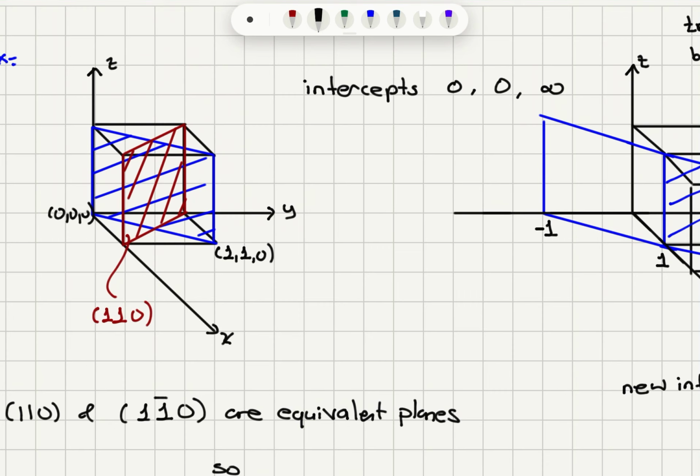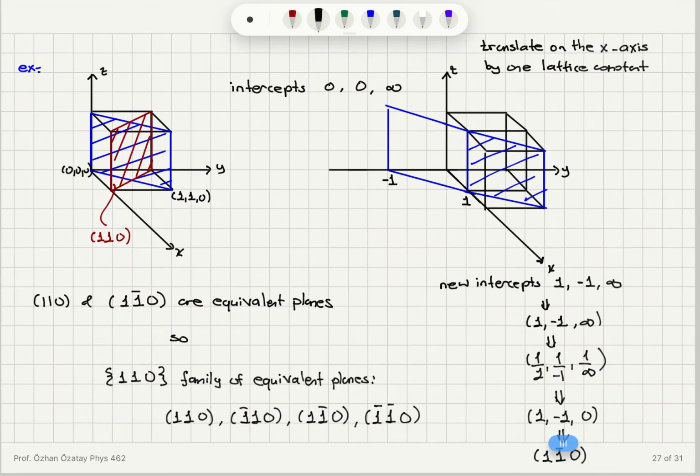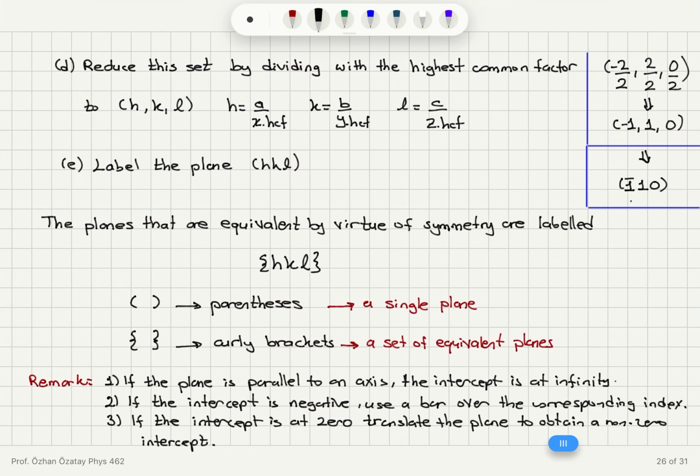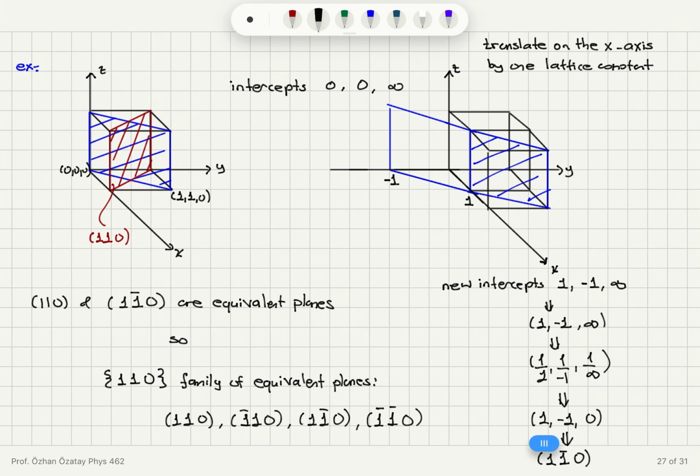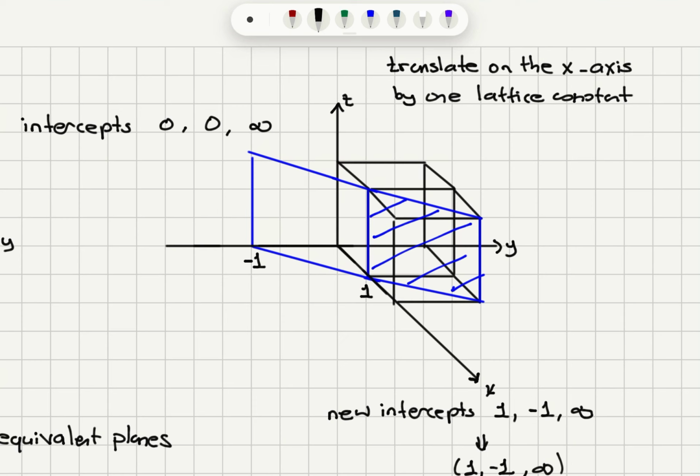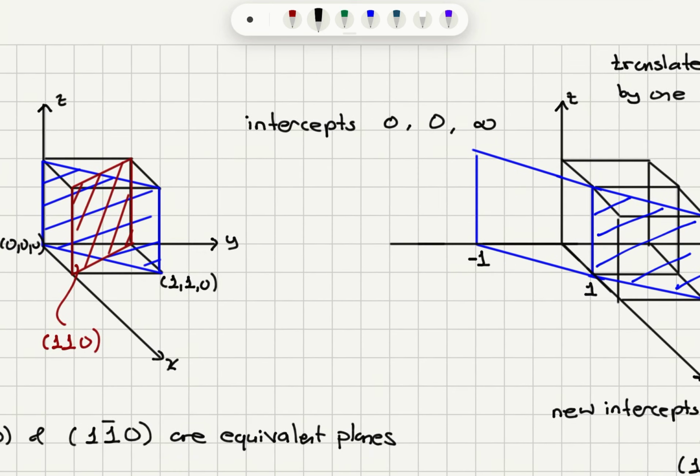We're looking at this blue plane. The blue plane has intercepts with the x and y axes at 0, and with the z axis at infinity. The procedure says if the intercept is at 0, you need to translate it. So let's translate this along the x-axis by one lattice constant.